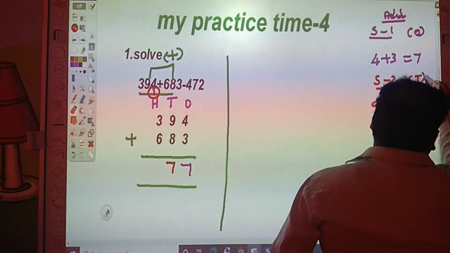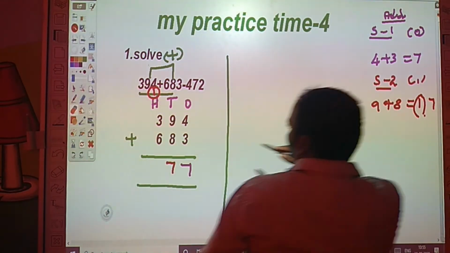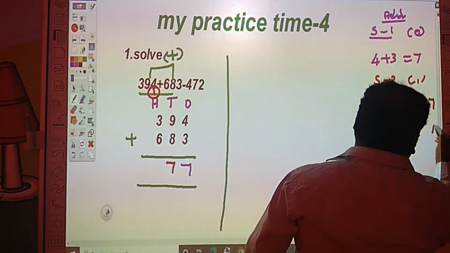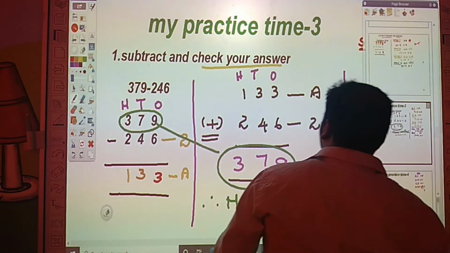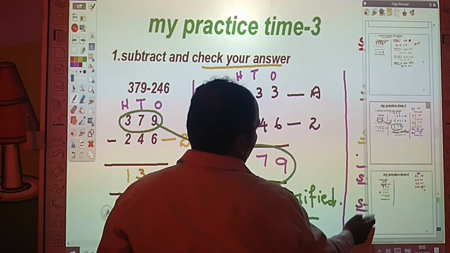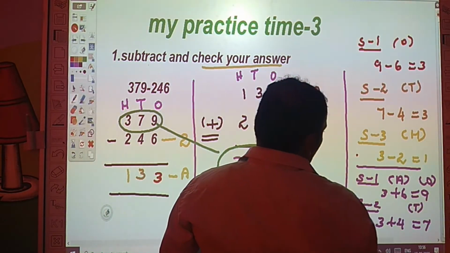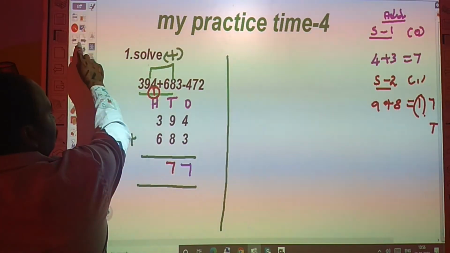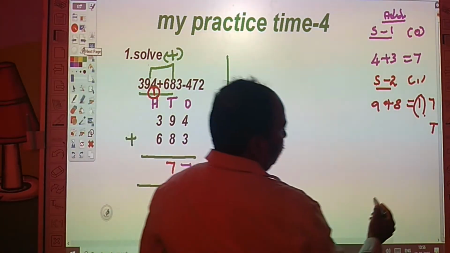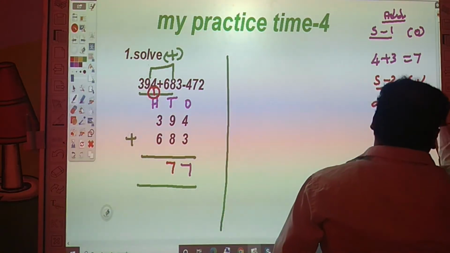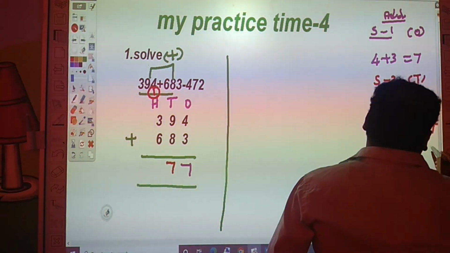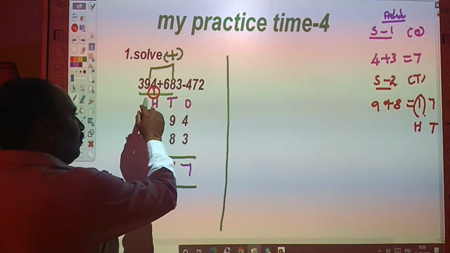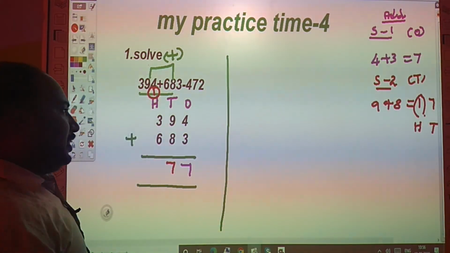7 tens, write in tens place, and 1 hundred is carried over to the hundreds place.